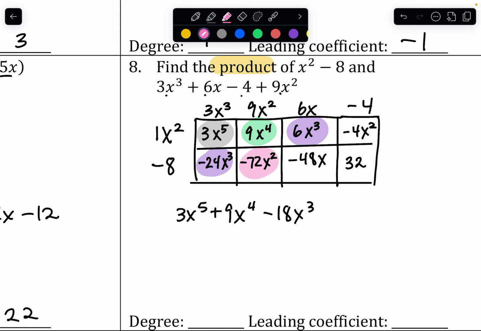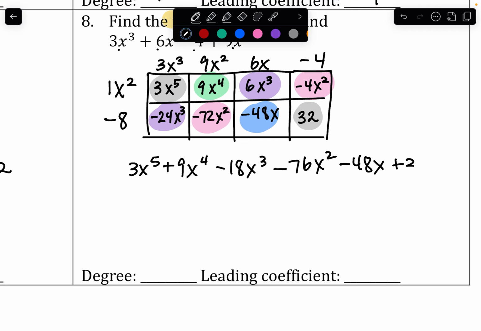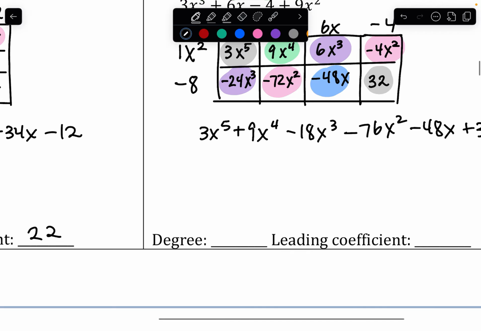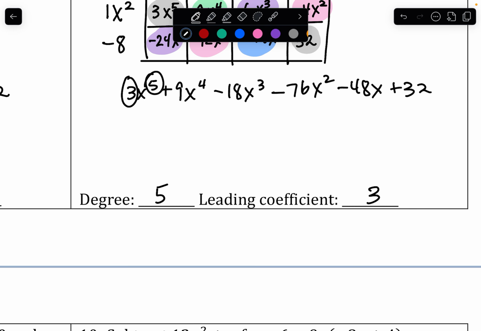And then we have -72x squared and -4x squared for a -76x squared. And then nothing else to combine. We have our negative 48x and then our 32. And so this is a degree 5 polynomial, leading coefficient 3.